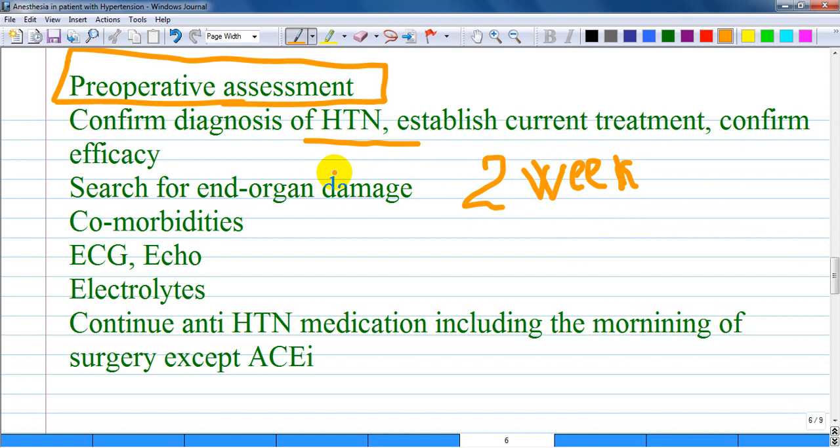Establish current treatment if the disease is confirmed and confirm the efficacy of the drugs or pills that the patient takes. Search for end organ damage and comorbidities. You can also assess the patient with an EKG, echo of the heart, and electrolyte disturbances. And of course, you should continue antihypertensive medications, including the morning of the surgery, except ACE inhibitors.